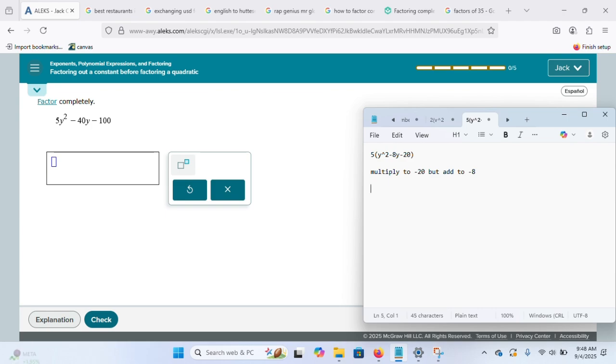And so let's just try a couple numbers. What multiplies to 20? So 20 and 5 wouldn't work. Because remember, one of these has to be negative, the other one has to be positive, because they multiply to a negative. Don't forget that. Don't ever forget that.